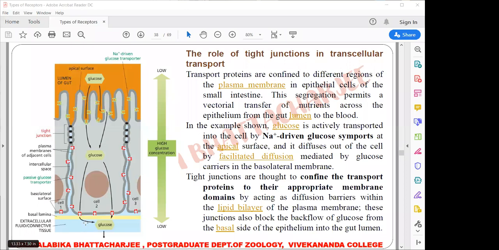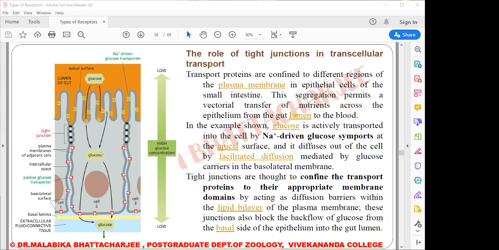So the active transport of glucose from the gut lumen to the blood is actually done by a sodium driven glucose transporter. That is not shown here. What I wanted to highlight here is that the tight junctions present in the apical region prevent the diffusion of glucose from one cell to another in the apical side, as a result of which glucose is forced to travel down to the base of the cell, and through the basolateral layer only glucose diffuses out.